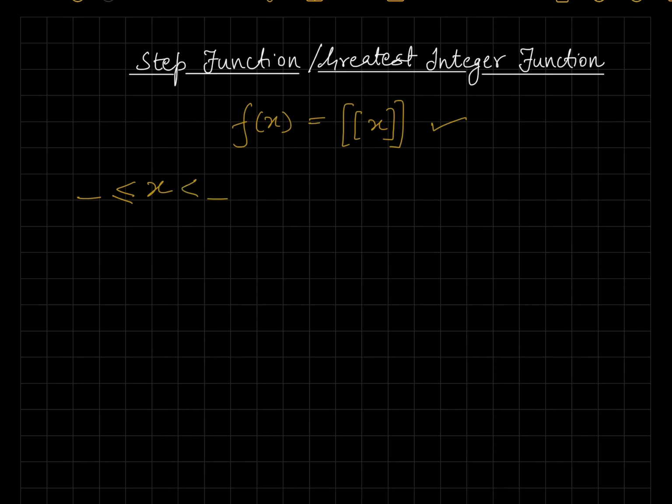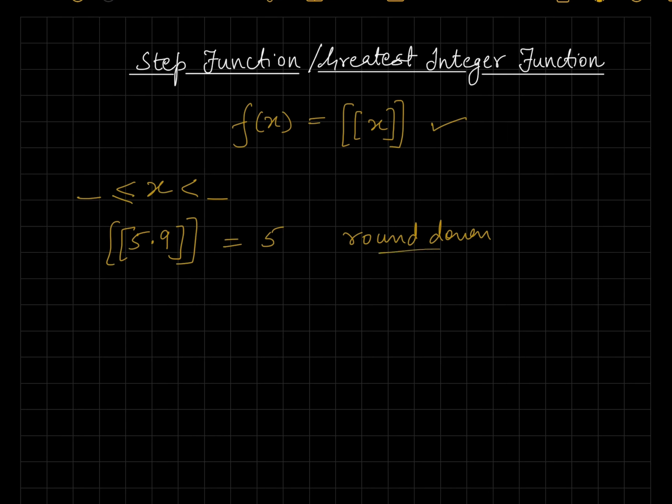So what does it mean? If I have, say, 5.9, the greatest integer function of 5.9 would be equal to 5. We will round down to the integer.